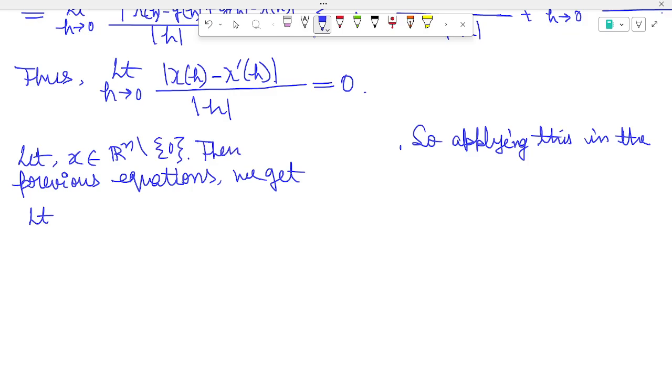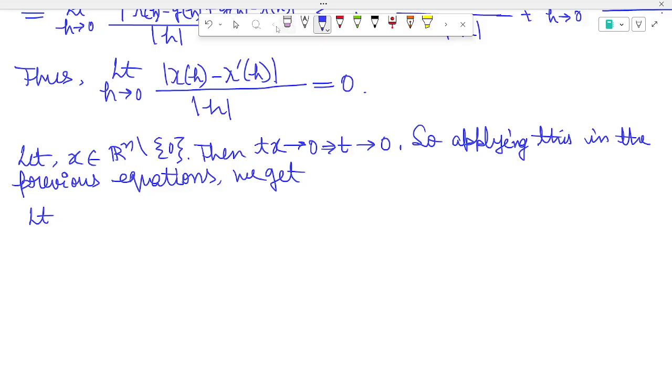If t x tends to 0, then obviously t tends to 0, because t is a parameter or variable.